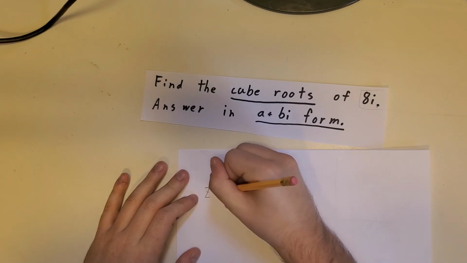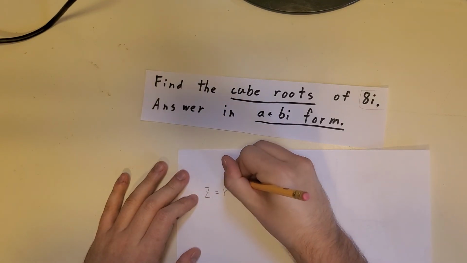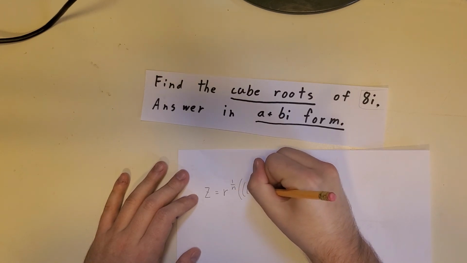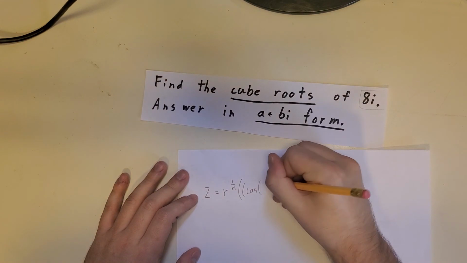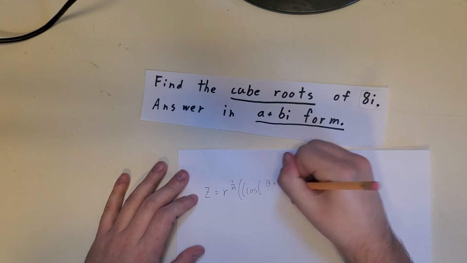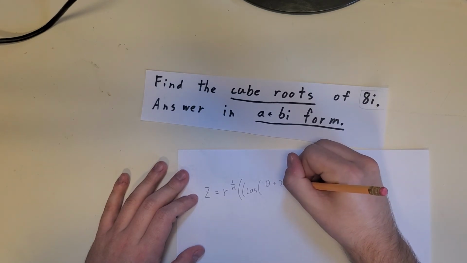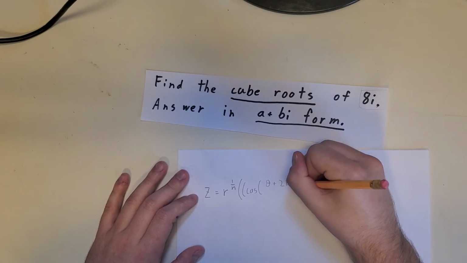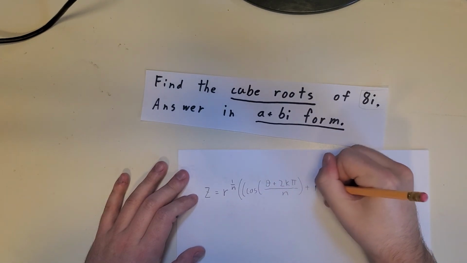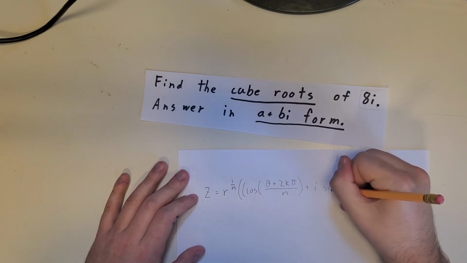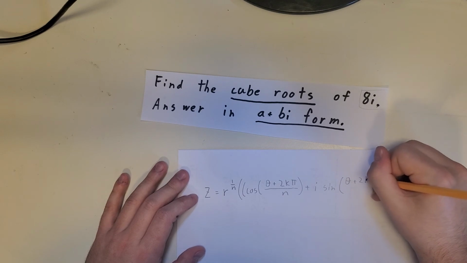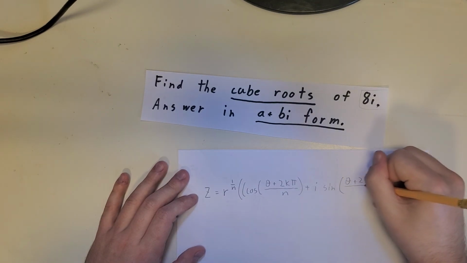Z, which is our root, equals r to the 1 over n times cosine of theta, which is our angle in the complex plane, plus 2k, which is our iteration, pi over n plus I times the sine of theta plus 2k pi over n.